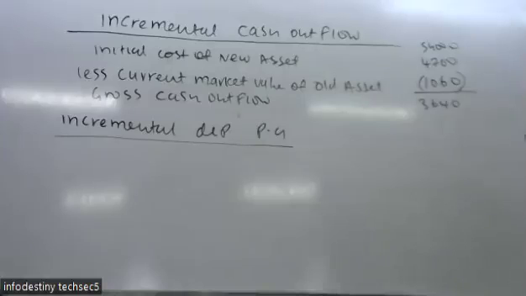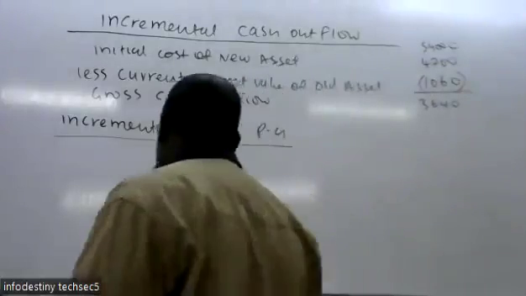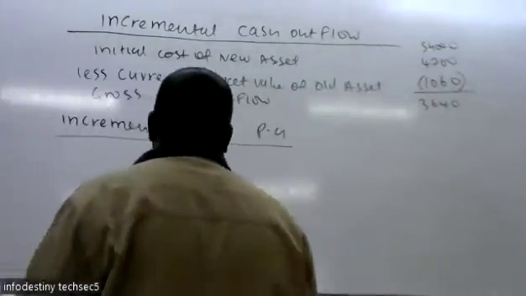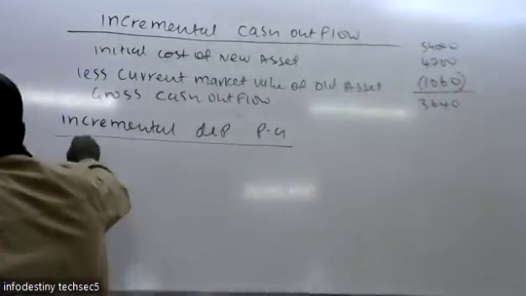So when it comes to incremental depreciation per annum, we start with the one for the new asset.